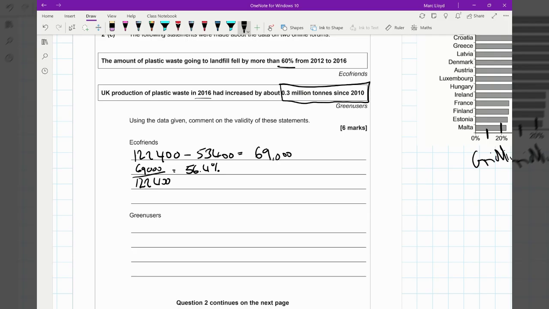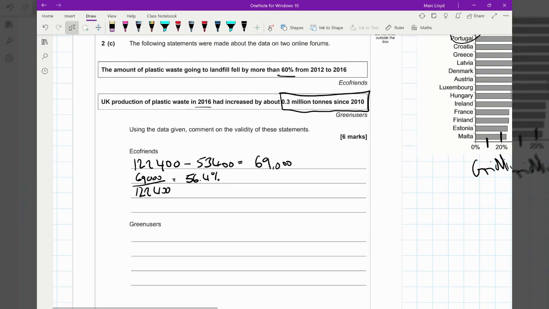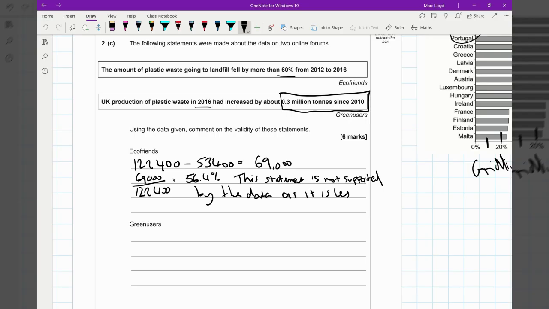So it's only 56.4%. So this statement is not supported by the data as it is less than 60%. Okay, happy with that.